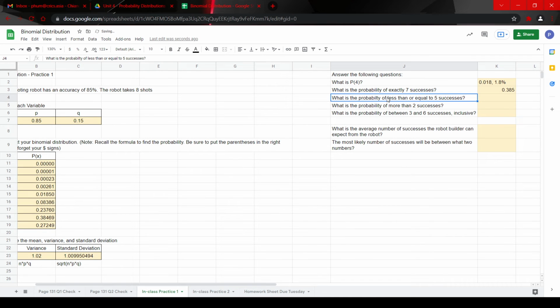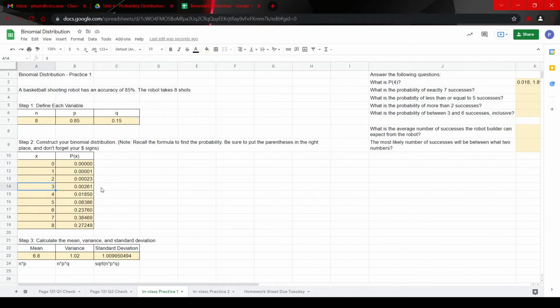Next up, what is the probability of less than or equal to 5 successes? If we look here, the numbers less than or equal to 5 are 0, 1, 2, 3, 4, 5, right? So I want to add up all these probabilities to find the probability of everything up to 5.